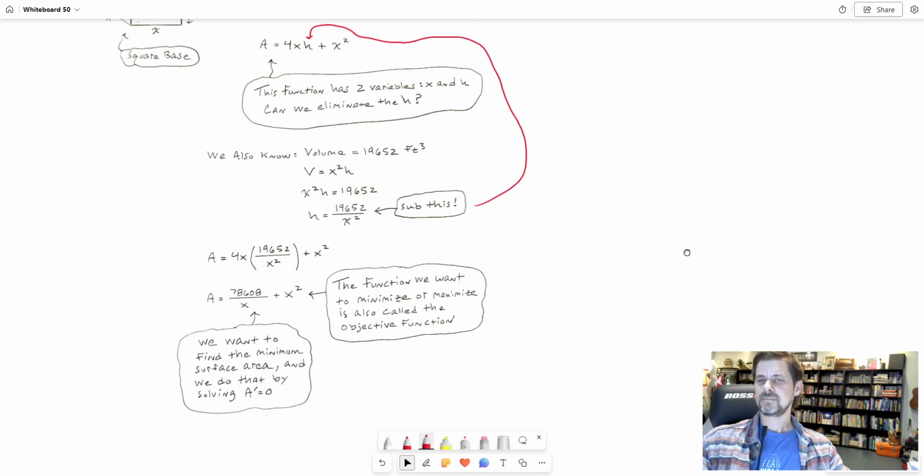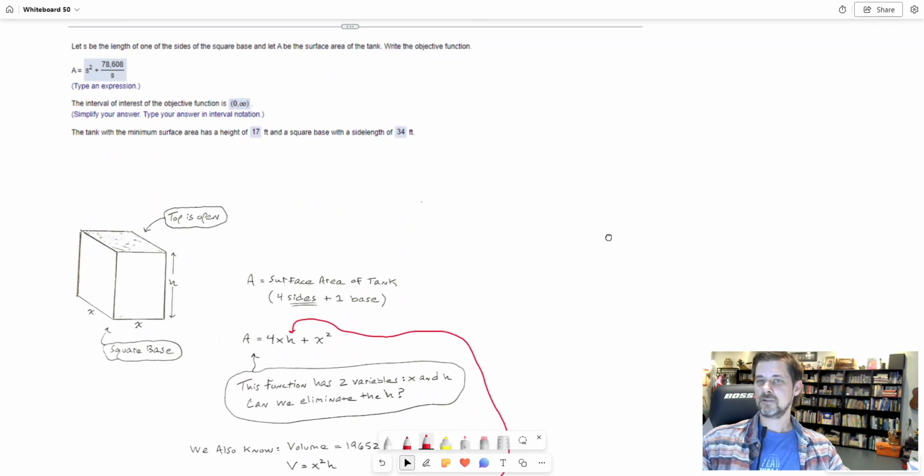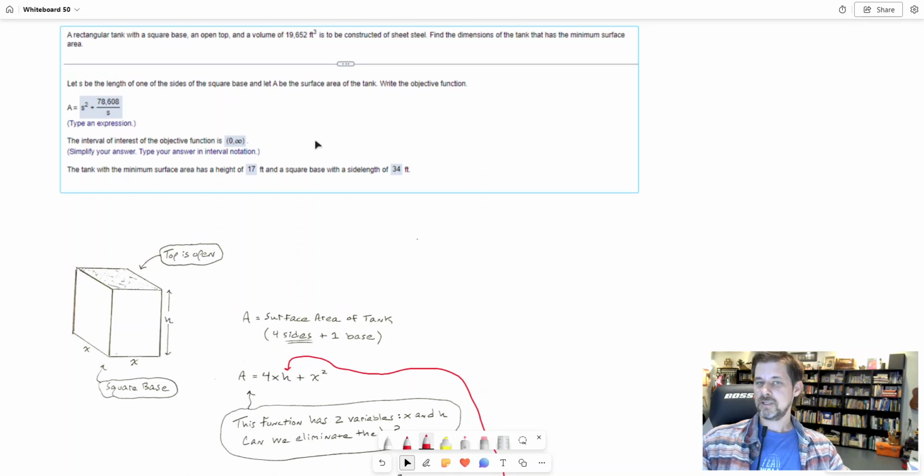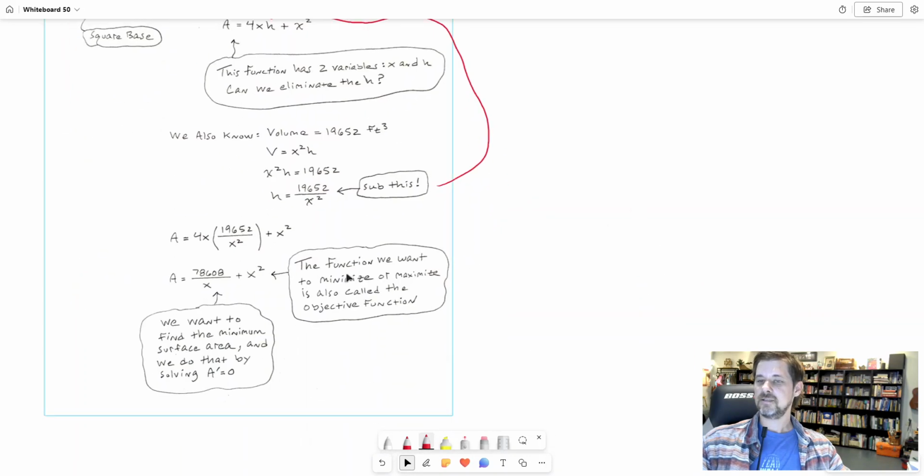All right, now one more thing, back to this question. If I look at this question in parts, it says write the objective function. Now the objective function is another name for the function that we want to minimize or maximize, whatever the case is. So here's the objective function.